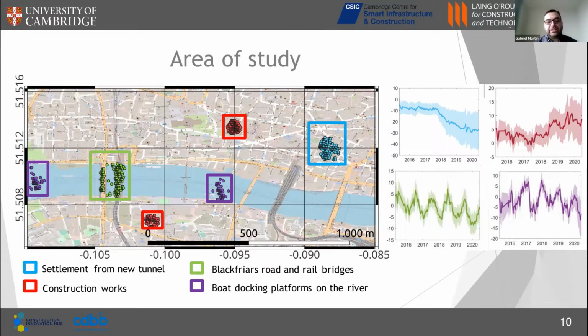In this case, it corresponds to structures that are docking platforms on the river. It's also a seasonal pattern, but in this case, it's opposite to the previous one. We have positive displacements in winter and negative displacements in summer, so it's opposite to the one that we observe on the Blackfriars bridge.